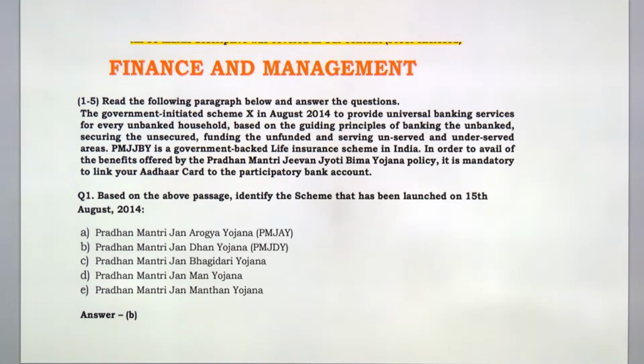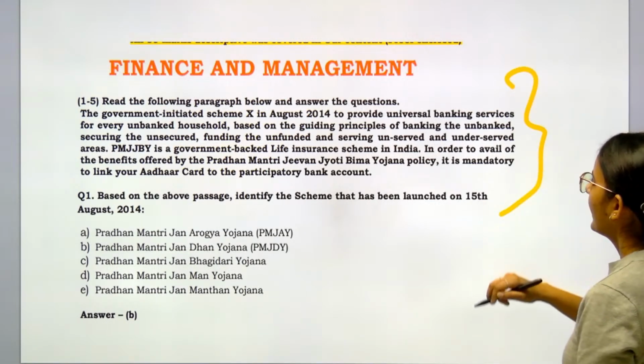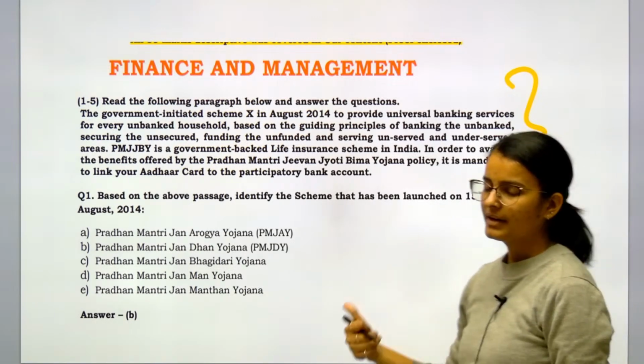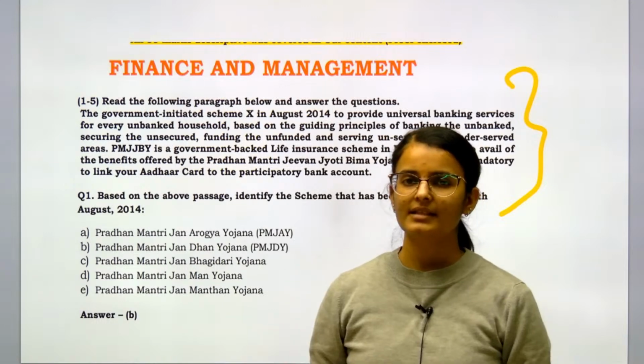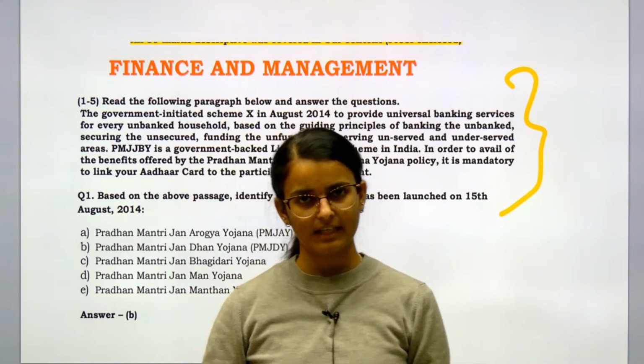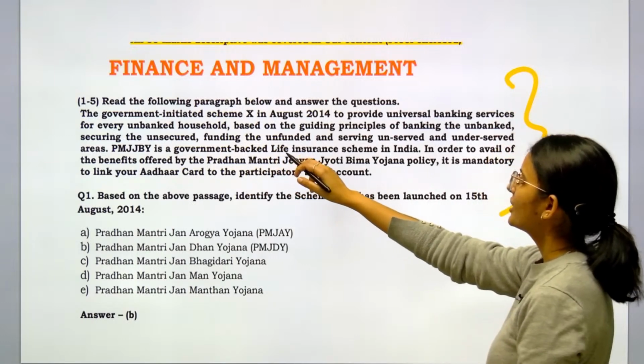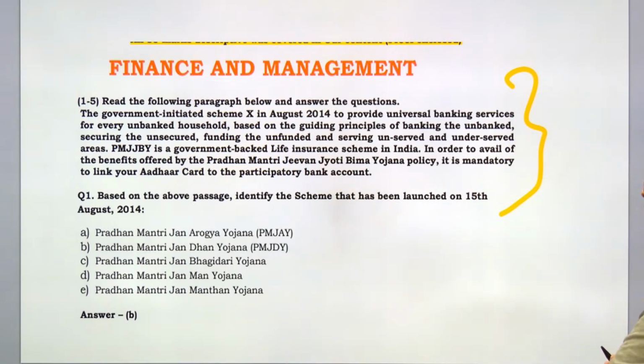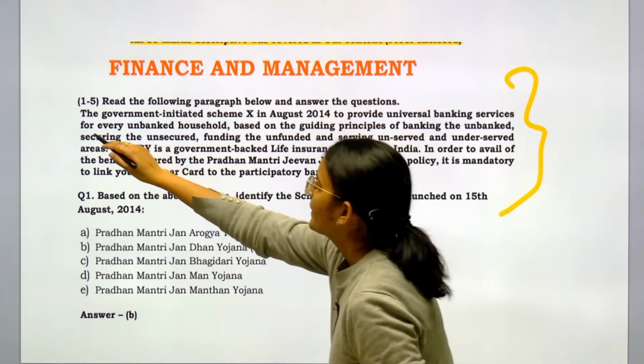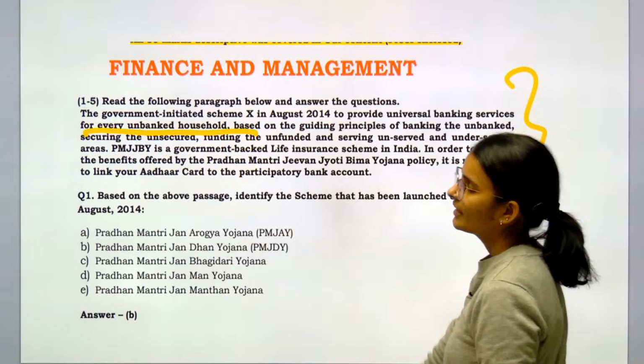Next, such questions come frequently: they will give you a paragraph, and based on that paragraph either you have to identify the scheme or you will answer the question based on that scheme. Okay. So this paragraph was given: a government initiated scheme X in August 2014 to provide universal banking services for every unbanked household. Just reading this much, you should understand which scheme they are talking about.